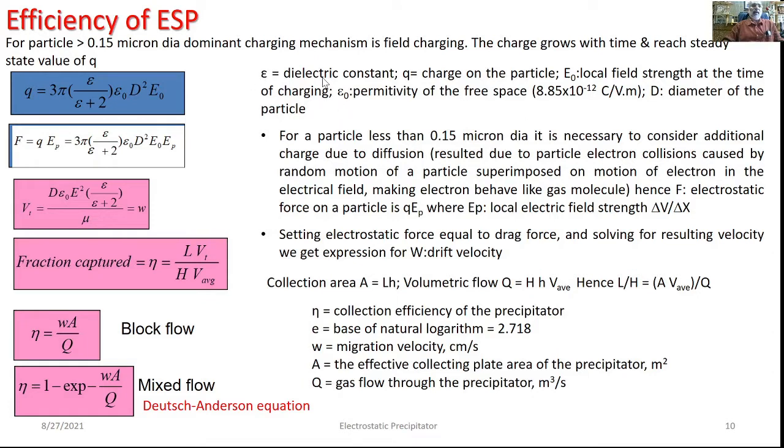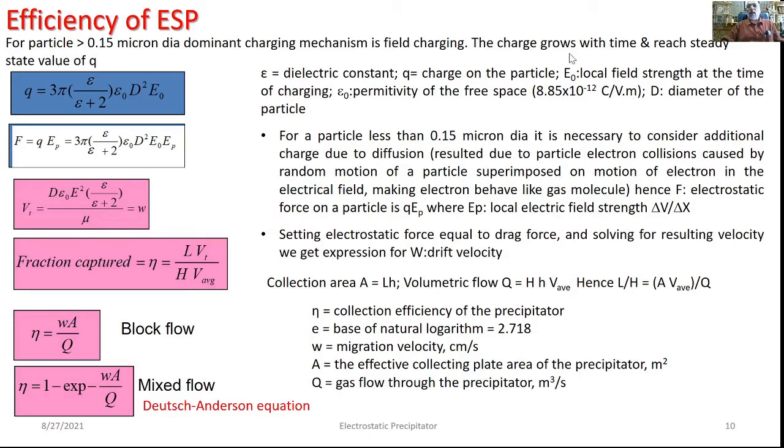Let's try to understand the efficiency expression for ESP. For a particle with a diameter greater than 0.15 micron, the dominant charging mechanism is field charging. As the particle experiences the electrical strength, it keeps on charging and the charge grows with time.